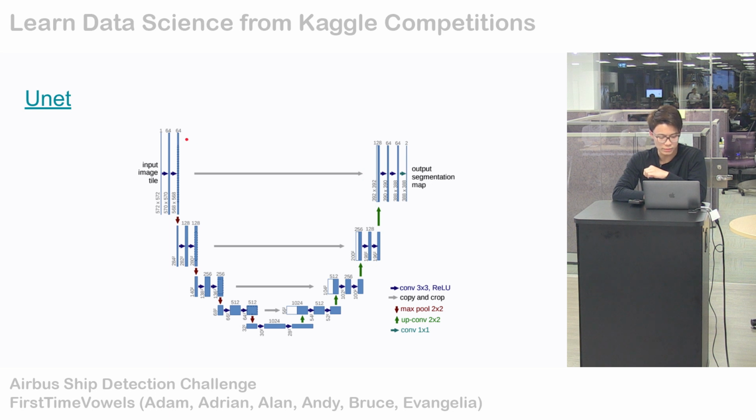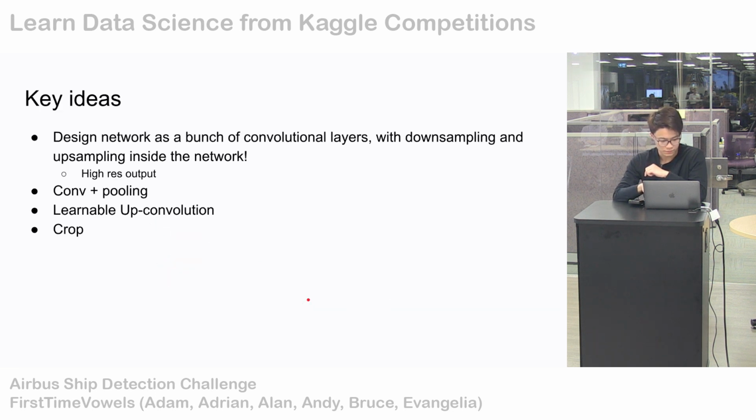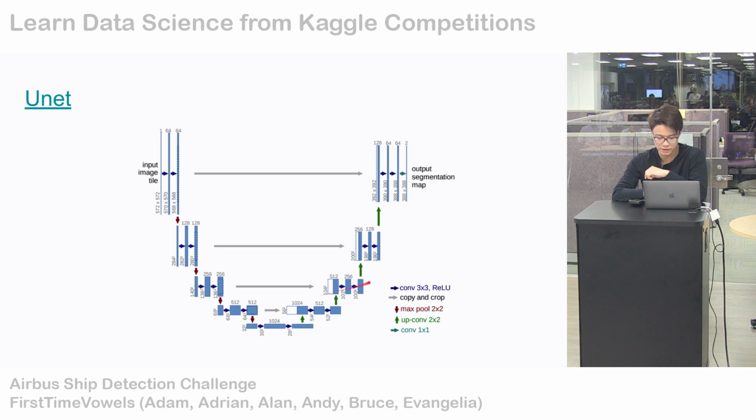You can imagine this is your image, and when you go through the network, it loses lots of information. Then you upsample to extract the information from here, plus some information coming back from this side of the network. I'm also going to talk about what up convolution, or upsampling, is on this side.